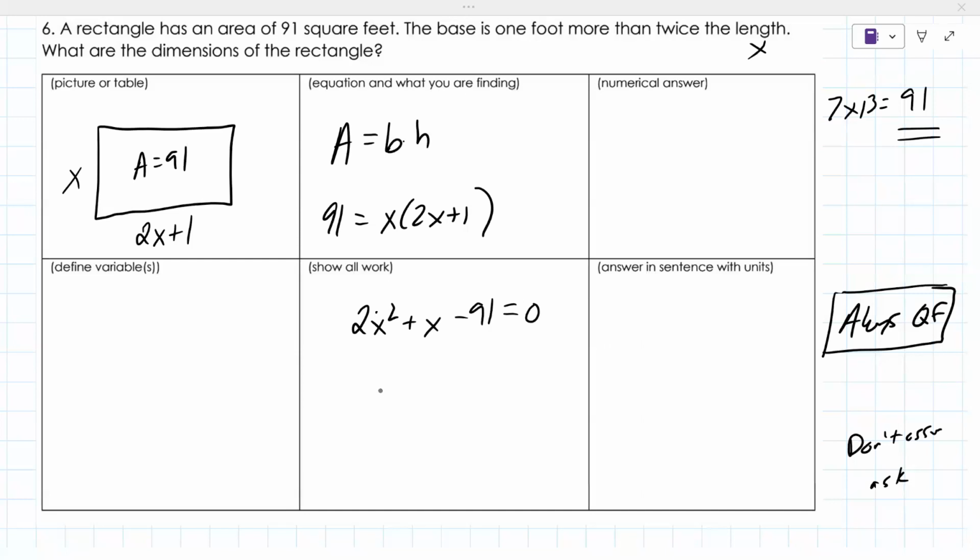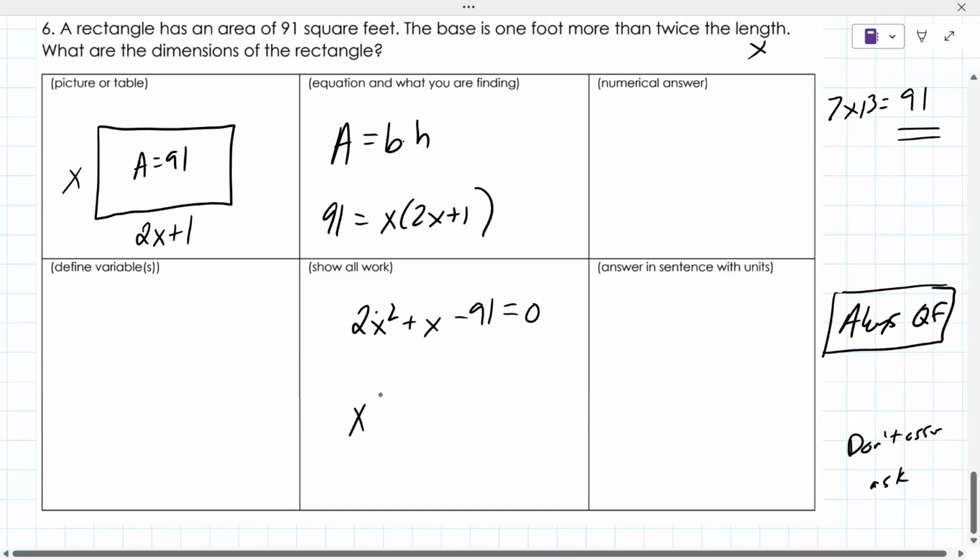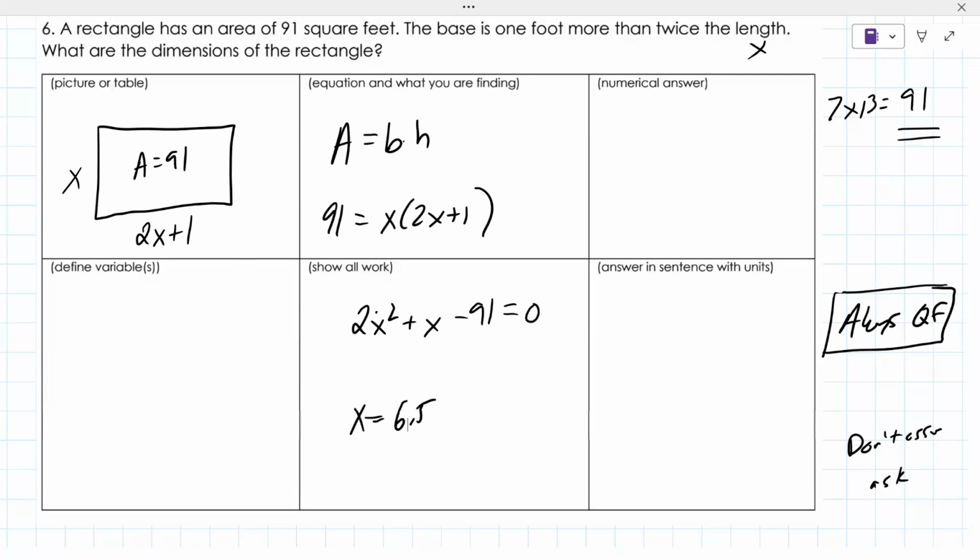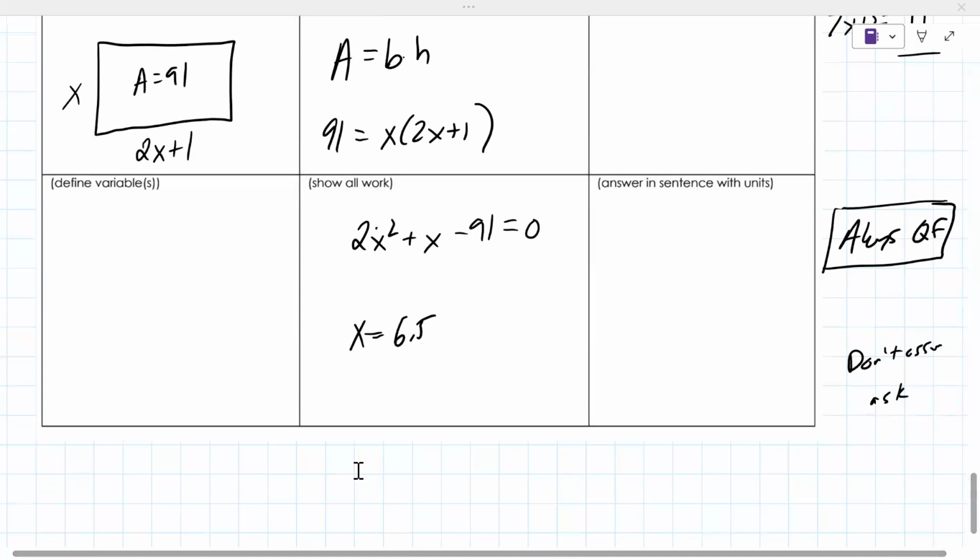It should be 6.5. The -7 is right. What did you get for the part under the square root? So I got x equals -1 plus or minus the square root of 729 over 4.